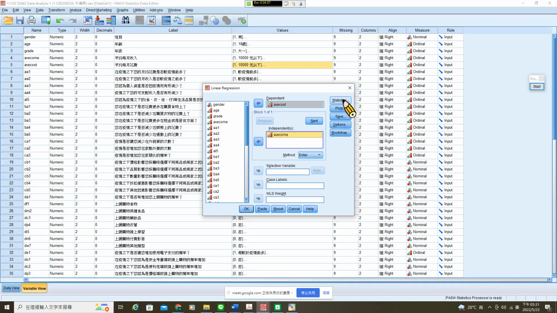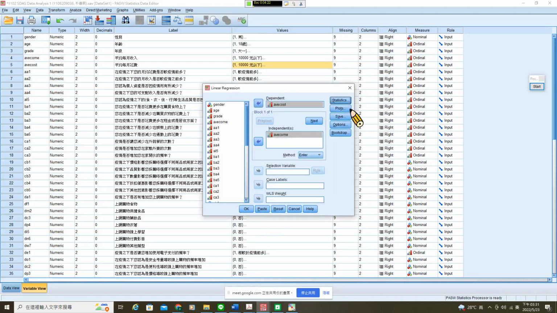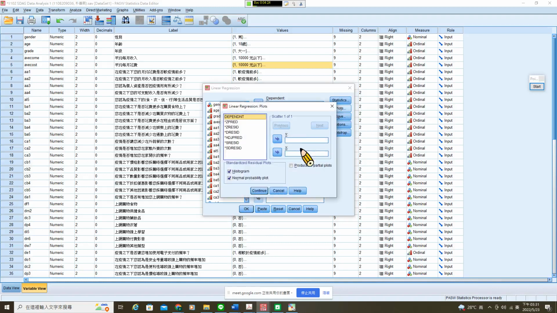So we can see what kind of statistics we would like to have. Basically, these are default values. You just keep them, that is good enough for the first try. And let's see the other one. Can we plot? Yes, we could plot. We can plot these two, and a normal probability plot, and so on.